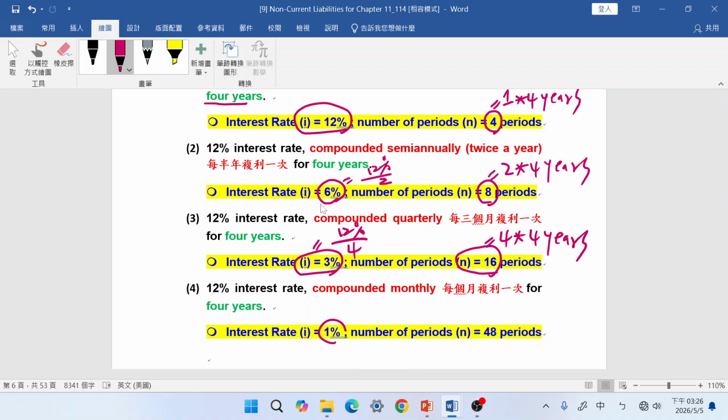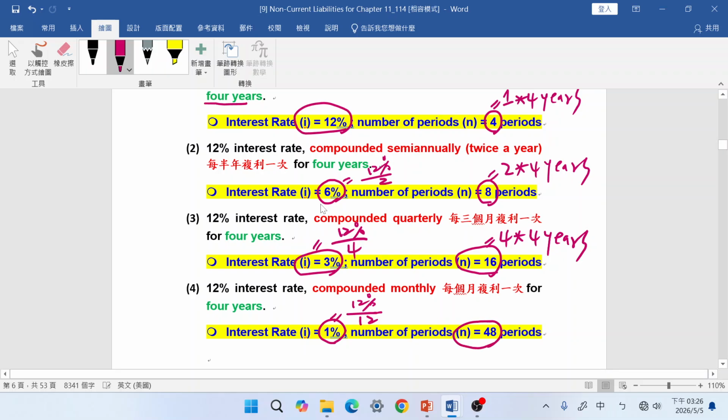Monthly. So each period should be 1% because 12% divided by 12 times, right? Then what's your N? Each year, 12 times for 4 years. Okay, any questions?